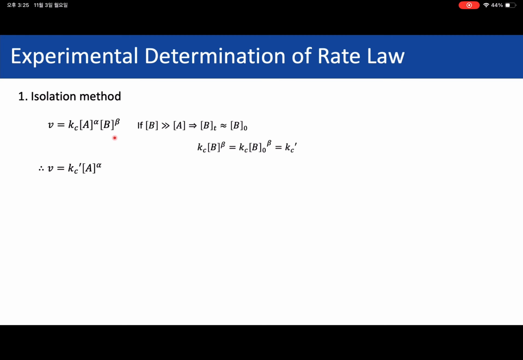So yes, we can rewrite this rate law in terms of the concentration of B, and find this beta value from that equation.